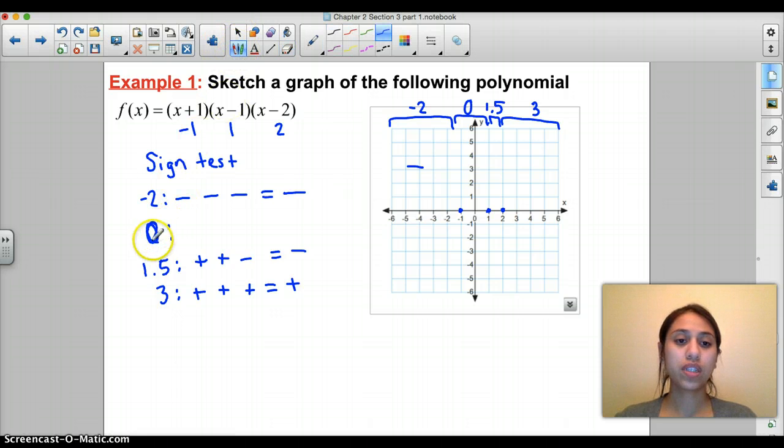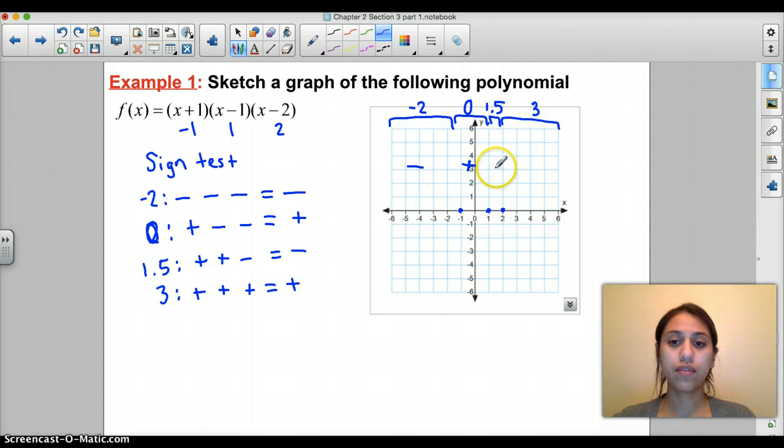So if we had plugged in 0, this would have been a positive. 0 minus 1 would be negative. 0 minus 2, negative. So that would have given us positive times negative is a negative, times a negative would be a positive. So between this region, we would have positive.